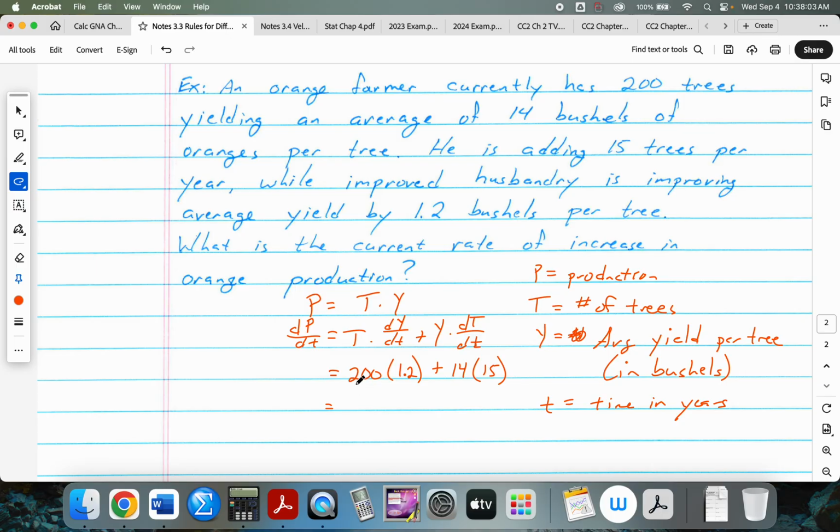So let's see, that's 240 plus 14 times 15 is 140 plus 70 is 210. So this is 450 bushels per year.